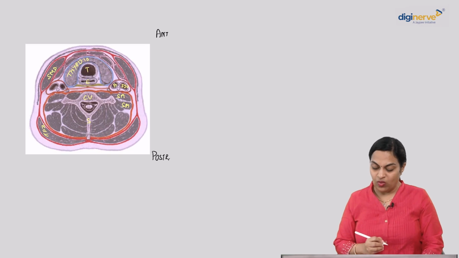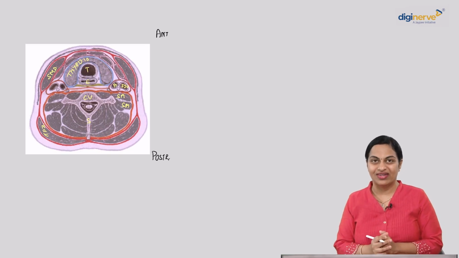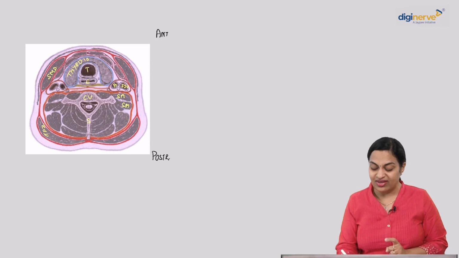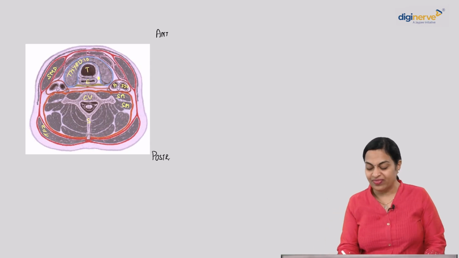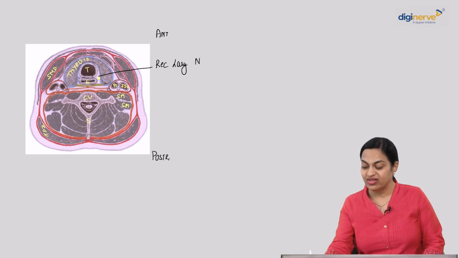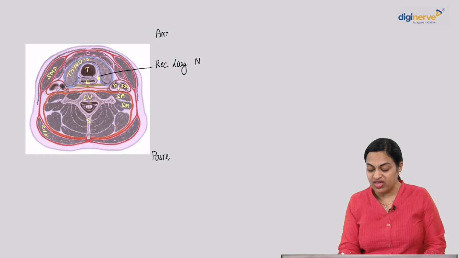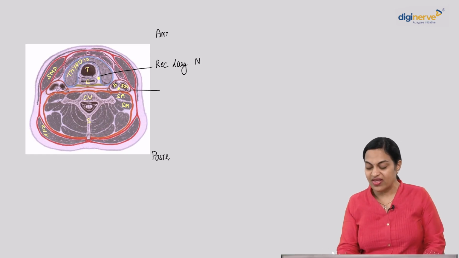Now, let us identify a few important nerves here. What is the nerve that lies in the tracheoesophageal groove? Come on. The recurrent laryngeal nerve, branch of vagus. Within the carotid sheath between the artery and the vein, this is the vagus nerve.